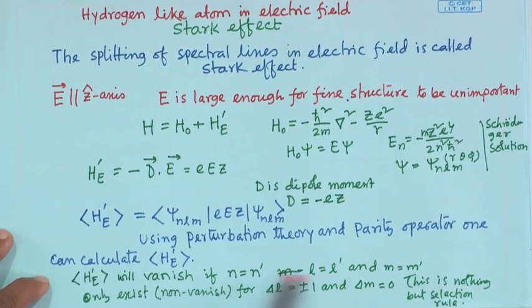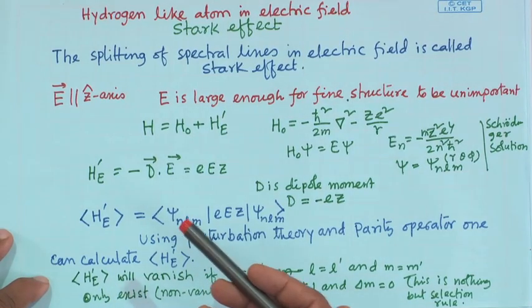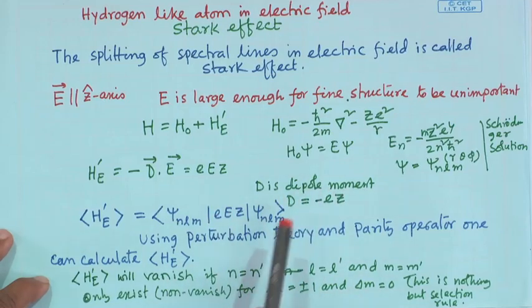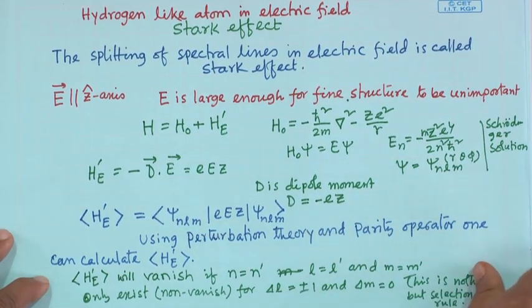They have to satisfy these conditions simultaneously, then this term will have some value, otherwise it is 0. If it is 0, there is no effect on the energy levels. Only if it exists can we say there is an effect of the electric field on the energy levels.